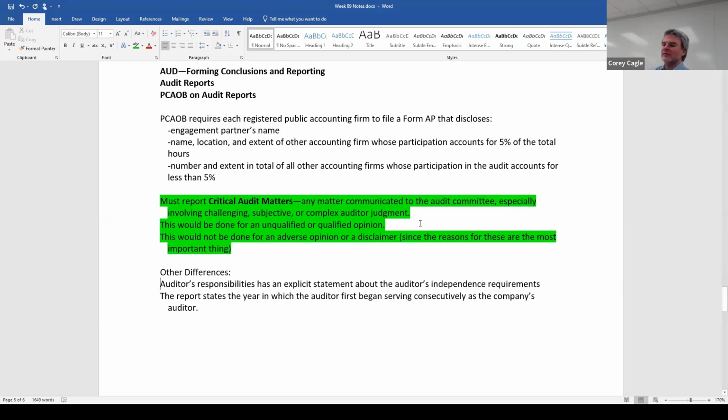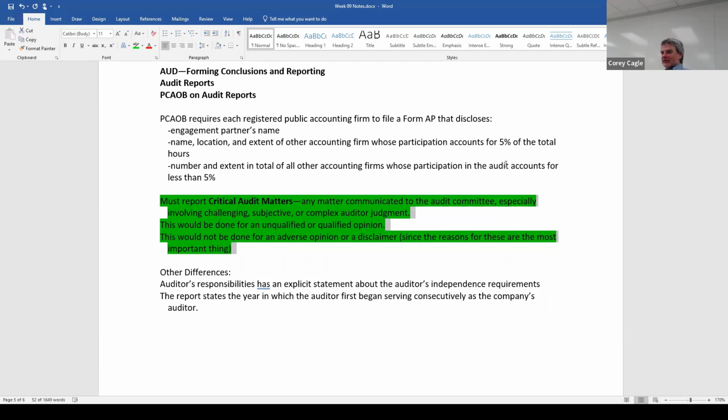The key takeaway from this, though, is this right here. On a PCAOB audit, we must report what's called critical audit matters. And this is any matter communicated to the audit committee, especially involving challenging, subjective, or complex auditor judgment.